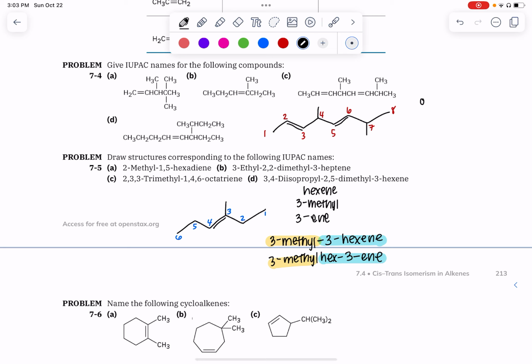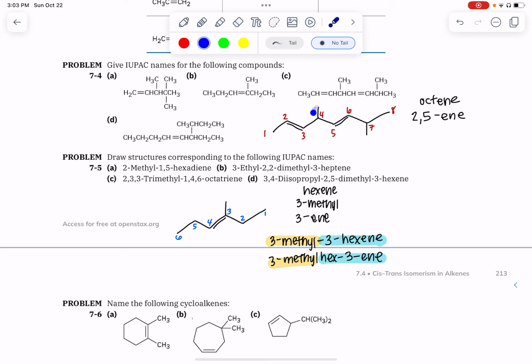So I have 8, so I have an octene. And I've made sure my longest chain is indeed the longest chain, so that's good. I have a 2 and a 5. Remember, we're going to give it the lowest locant number. So 2 comma 5 ene this time.